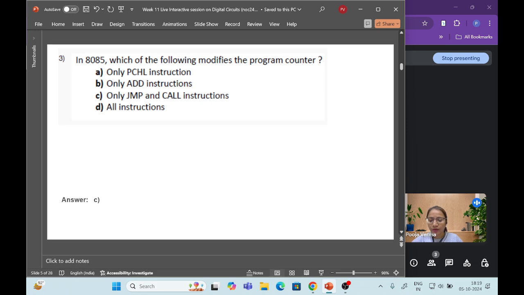As we already know, the program counter is a 16-bit register that stores the address of the next instruction to be executed. The processor updates the PC after fetching the instruction. So which options can be correct?